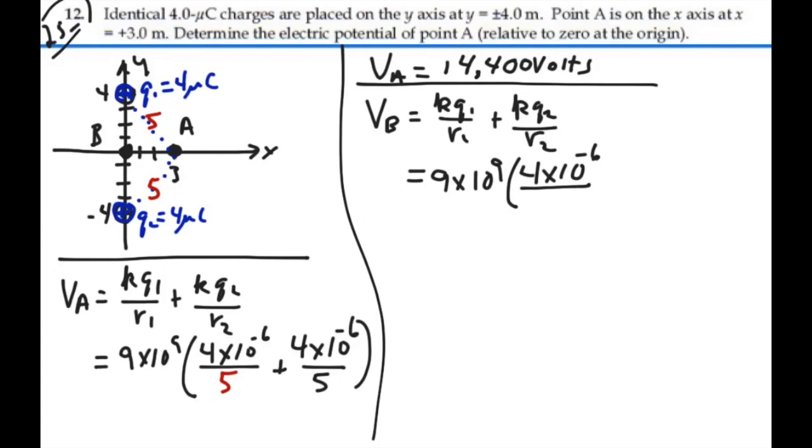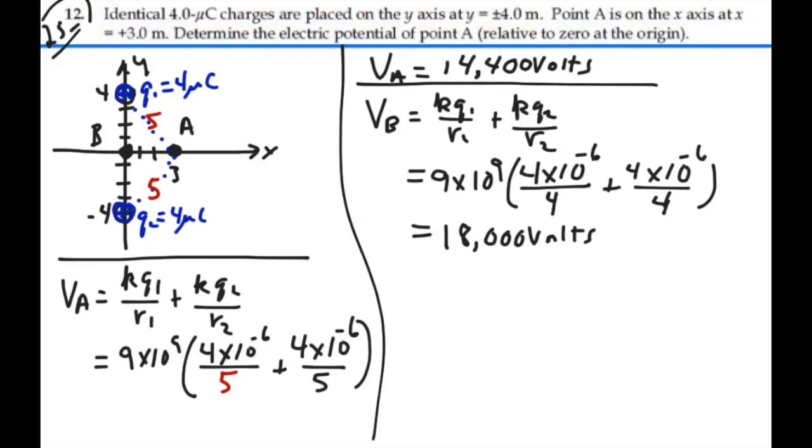And point B is 4 meters away from the charge. Same thing for the other charge, also 4 meters away. So we're just looking for the pure distance away from that charge. And this is equal to 18,000 volts. So that's potential at B.